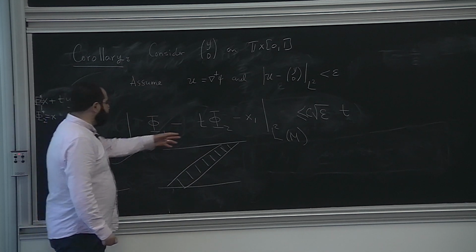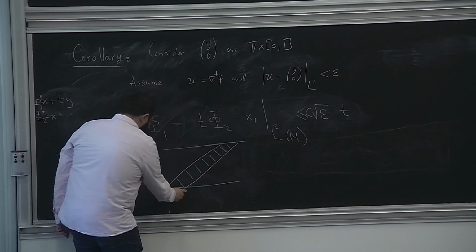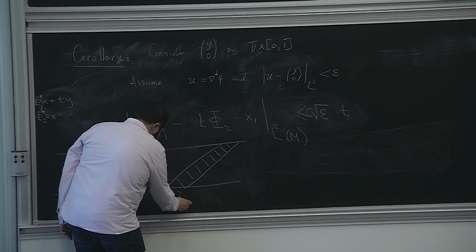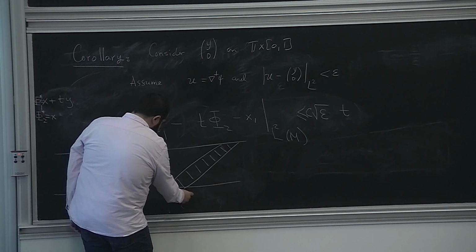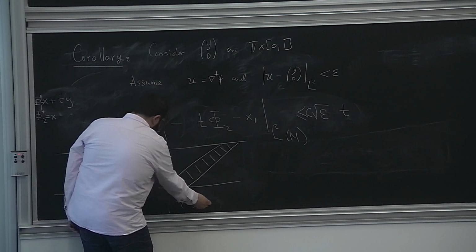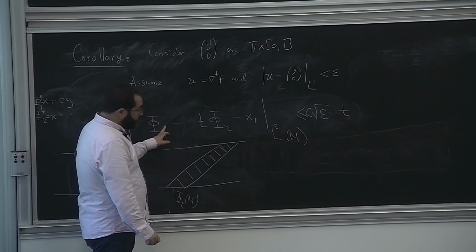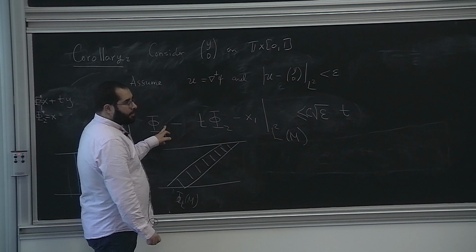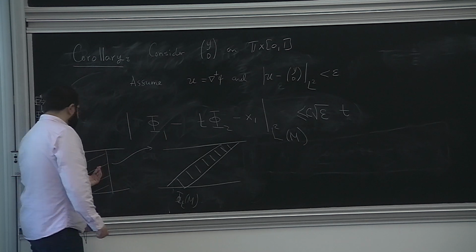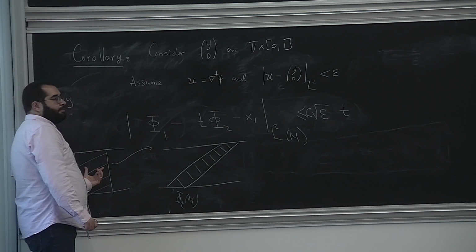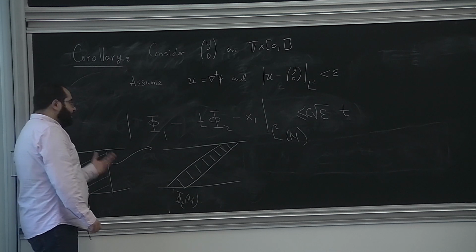So if you unwind the actual image, right? So this is phi t of m. If you unwind the actual image by the Couette flow, you get something very close to the box. Does that make sense?